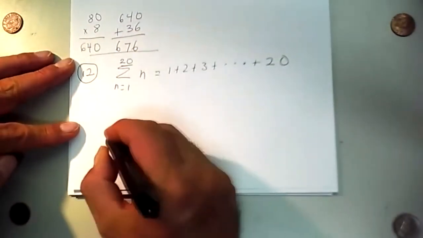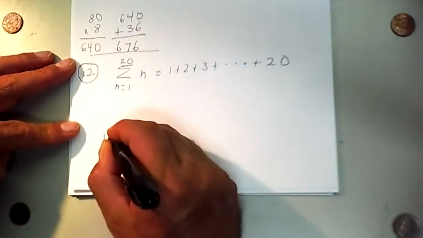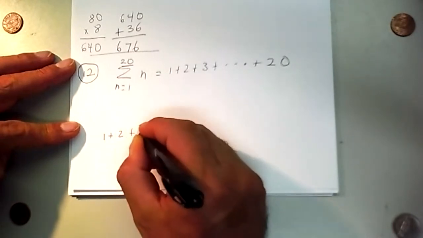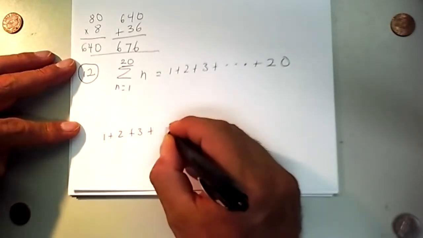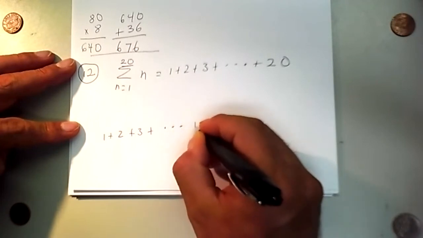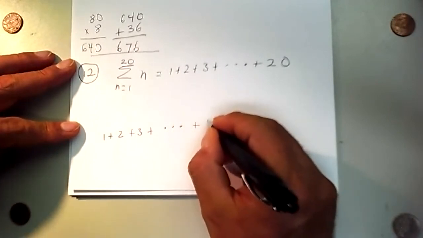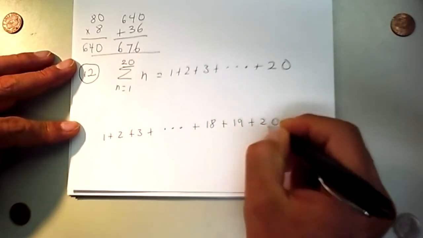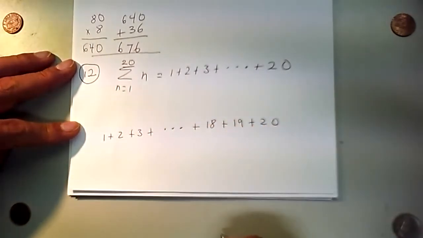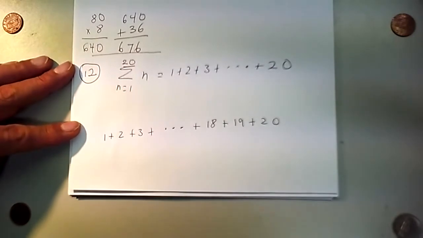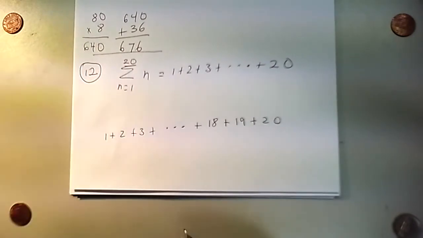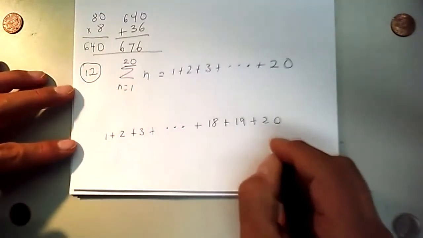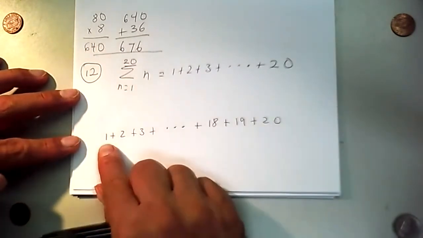Okay. I'm going to write down the first few terms, 1, 2, 3, and then a few of the last terms, such as 18, 19, and 20. This is one way of figuring this out. By the way, I didn't think of this on my own. Somebody showed me, and I'm just repeating it. So 1 through 20.